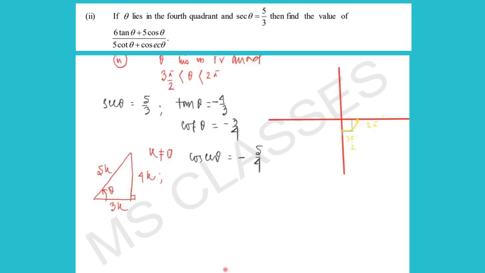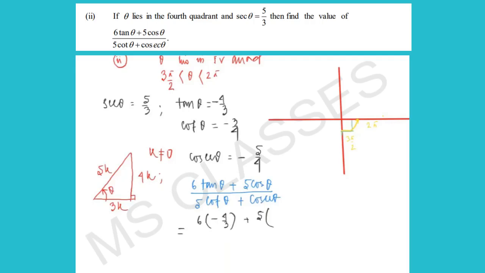Now come to the given expression. Given expression: 6 tan theta plus 5 cos theta, whole divided by 5 cot theta plus cosec theta. Now we'll substitute. 6 tan theta, that is 6 into minus 4 by 3, plus 5 into cos theta.